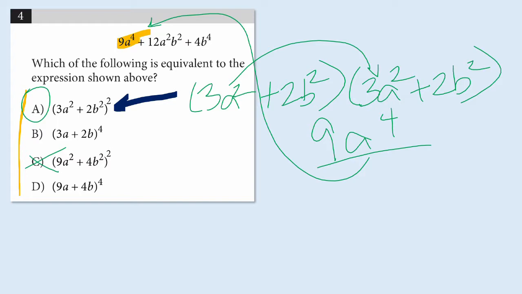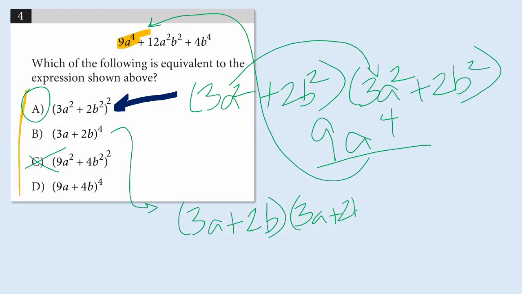So let's try B. Is 3a plus 2b to the fourth power. So I'm going to have 3a plus 2b, 3a plus 2b, 3a plus 2b, and 3a plus 2b, right? That's what it would look like.